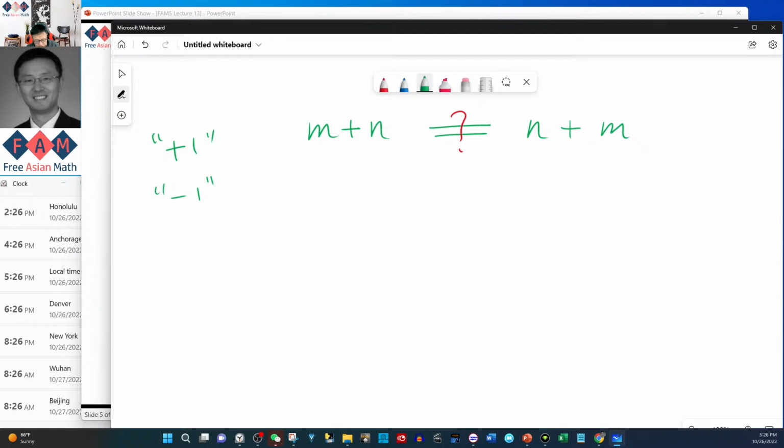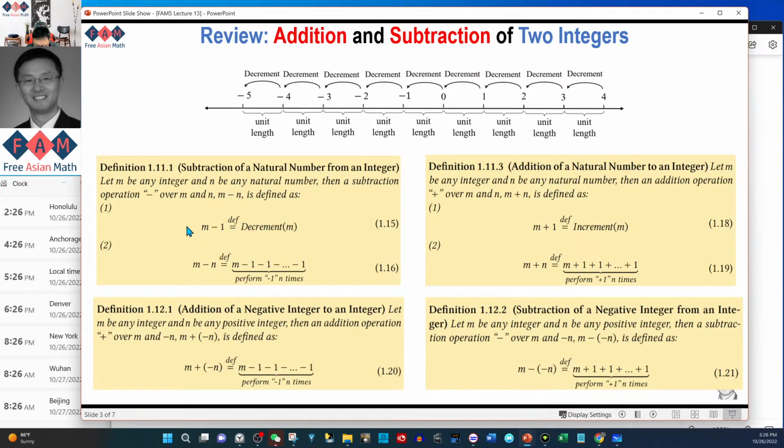And our definitions, once again, I want to remind you, are right here. They cover all the cases, because that's why we took pains to give you 4 different definitions. Together, they cover every possible case.